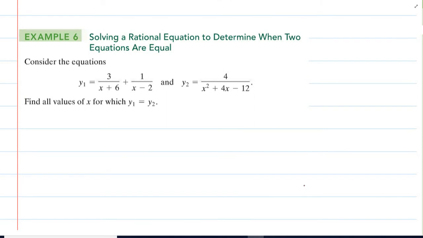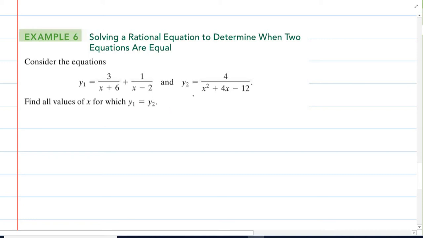Example 6, solving a rational equation to determine when two equations are equal. Consider the equations. Here we're going to have y1 and y2. Now two equations. Find all values of x for which y1 is equal to y2.